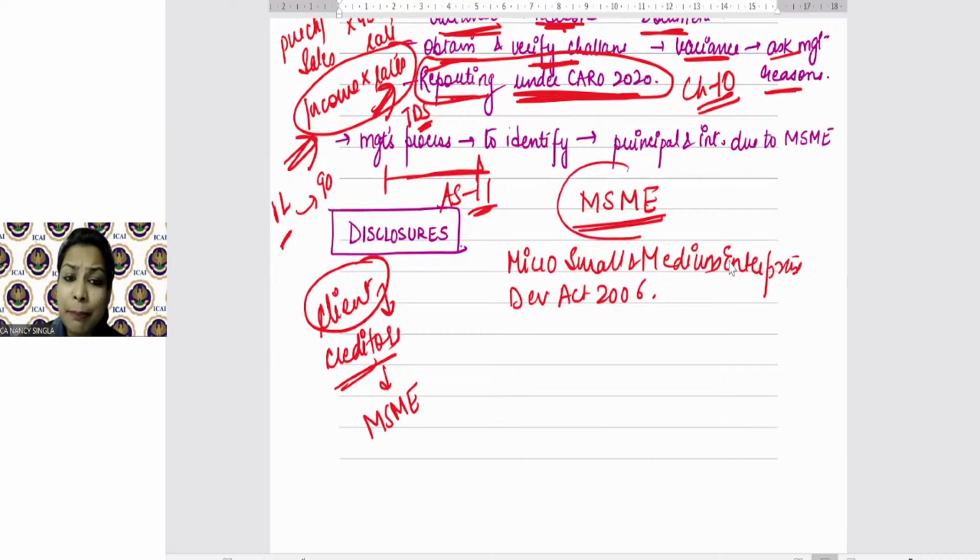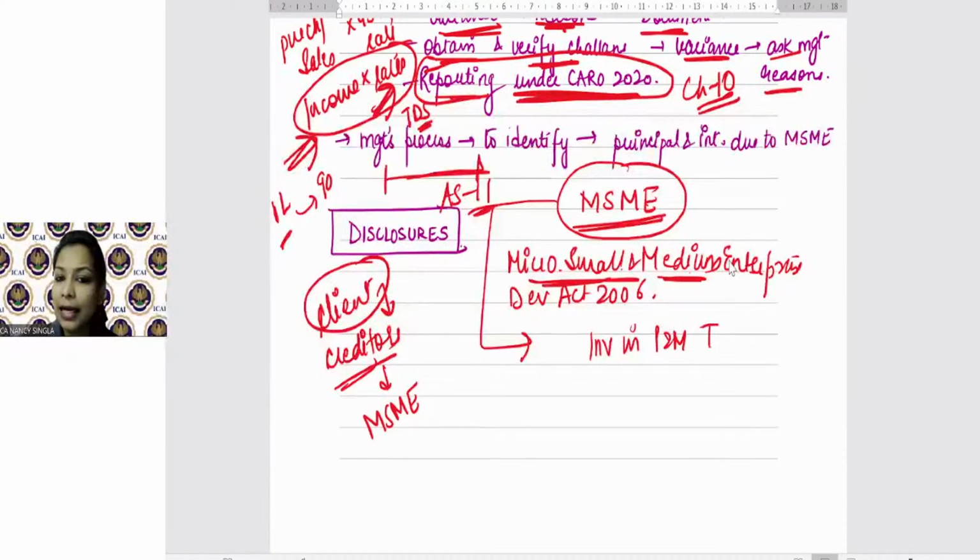Now what is an MSME? See, as such for your auditing and assurance subject, just try to understand. Let me give you an understanding that certain enterprises are identified as micro, small and medium enterprises based on the criteria of their investment in plant and machinery and turnover.